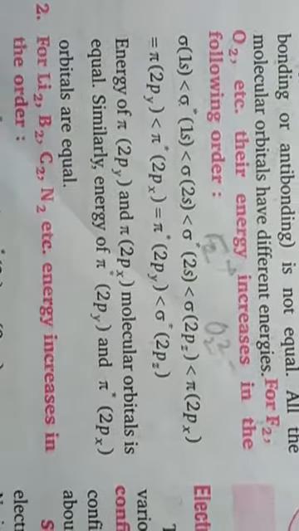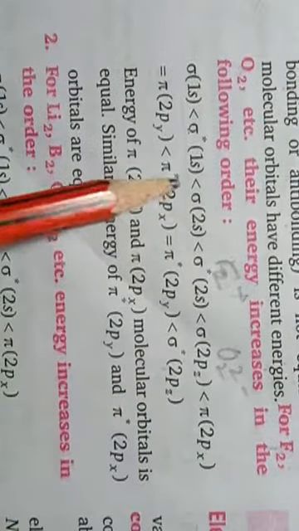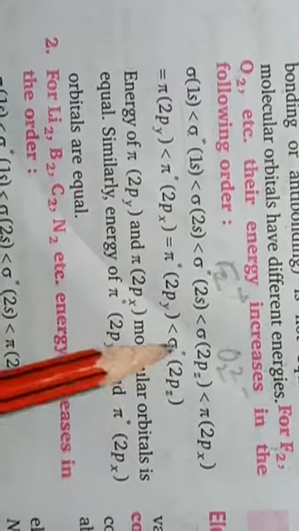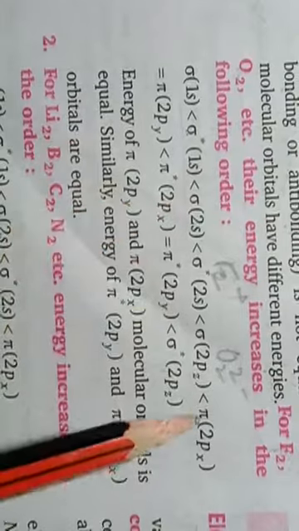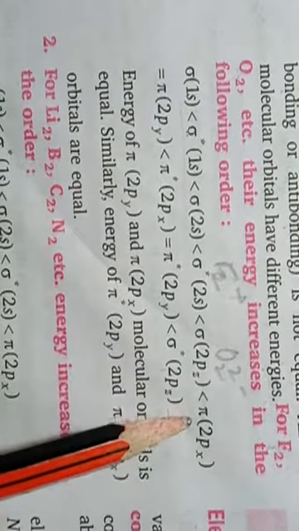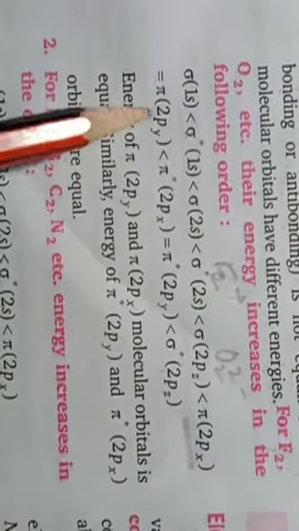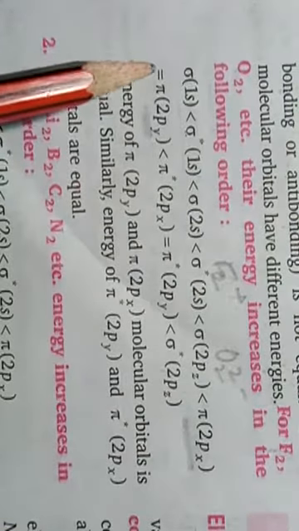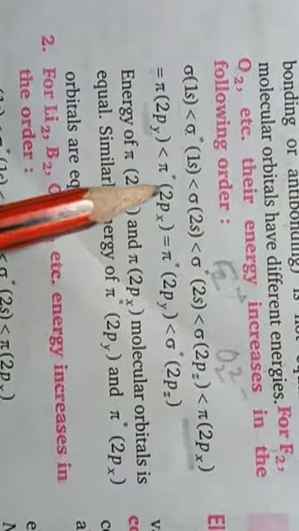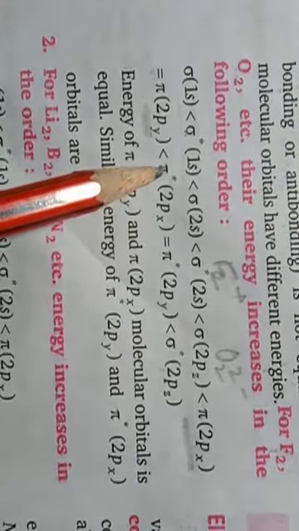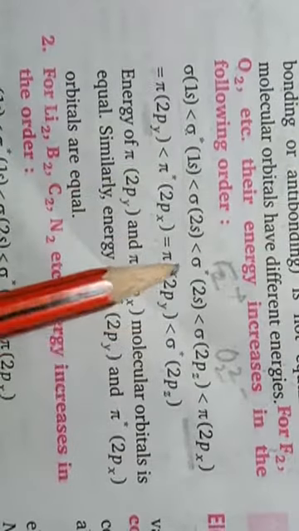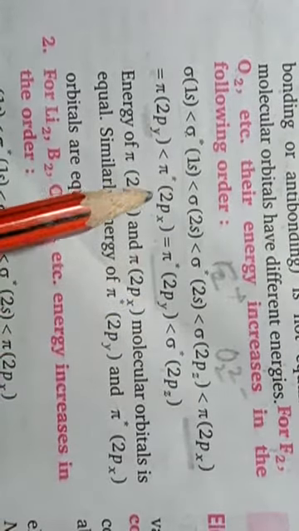Okay, students. According to this sequence, you can see here that the energy of 2px and 2py is equal, and in the same way the energy of star pi 2px and star pi 2py is also equal.